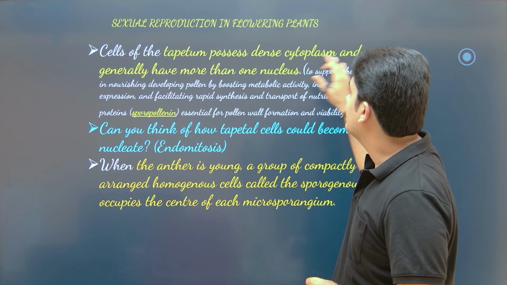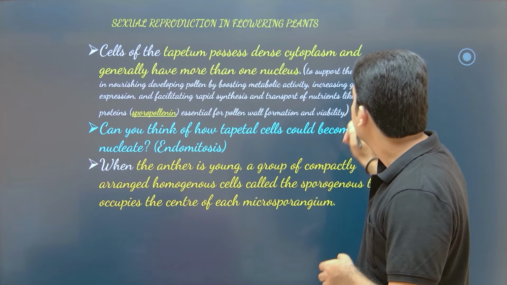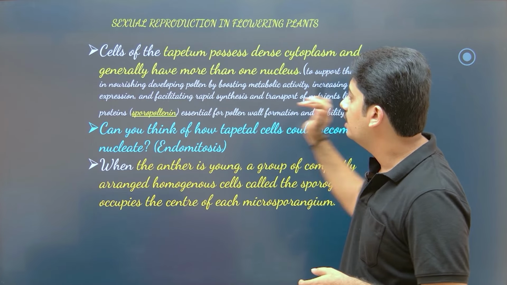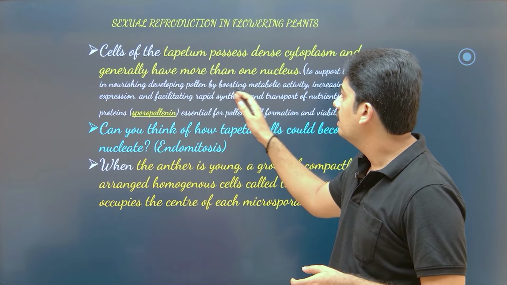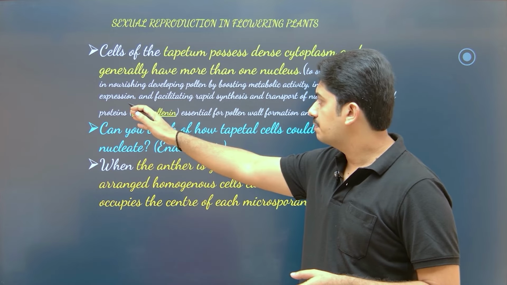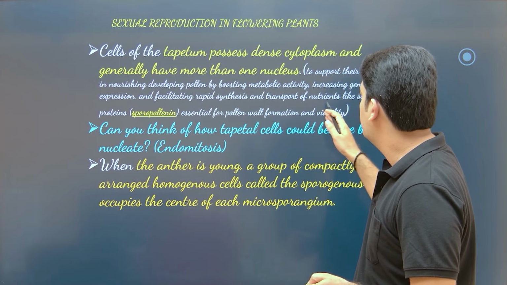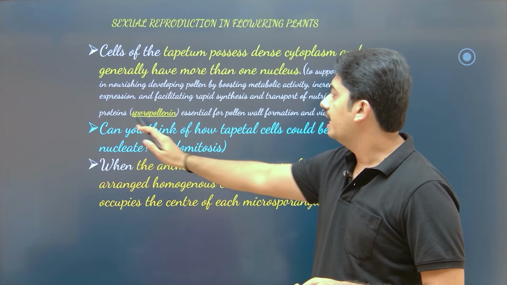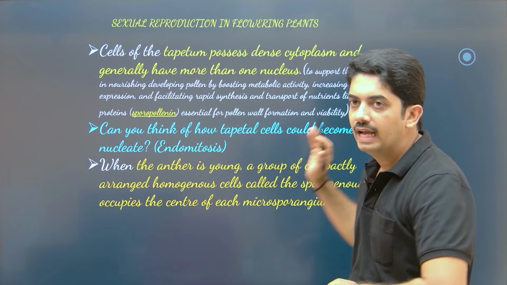Tapetum possesses dense cytoplasm and generally has more than one nucleus, to support its vital role in nourishing developing pollen by boosting the metabolic activity, increasing gene expression, and facilitating rapid synthesis and transport of nutrients like sugars and proteins essential for pollen wall formation and viability.